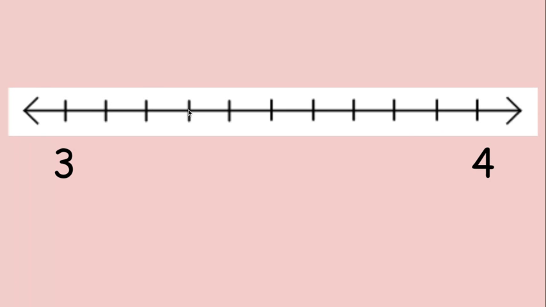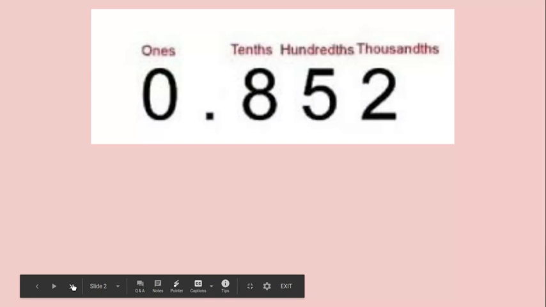This is 3.1, 3.2, 3.3, 3.4, 3.5, 3.6, 3.7, 3.8, 3.9, and then 4. That will help with your accuracy because you have, I believe it's about 12 numbers that you're putting on one number line. You're going to have to be very accurate and know which place values are greater than others.